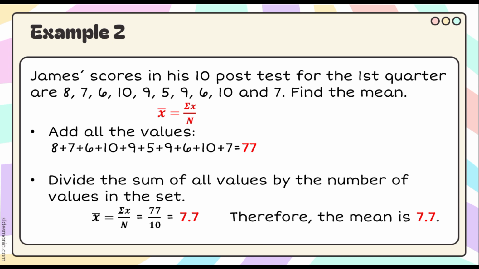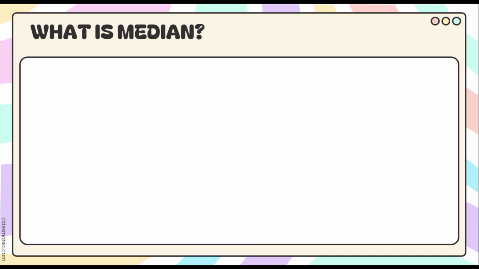So we have 10 scores. That is why our n is 10. Applying the formula, summation of x is equal to 77 divided by n, which is 10, equal to 7.7. Therefore, the mean is 7.7.